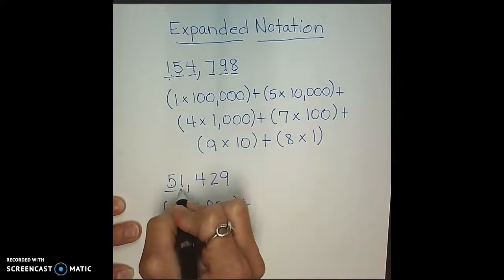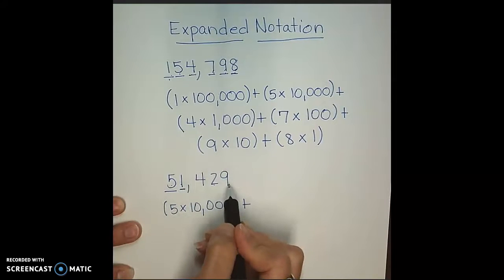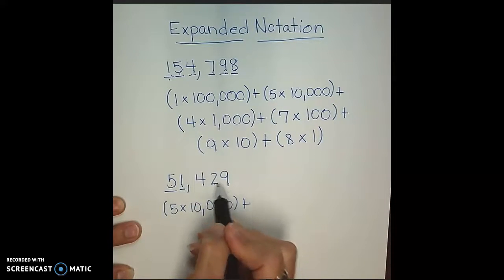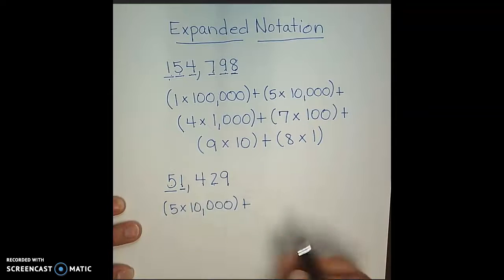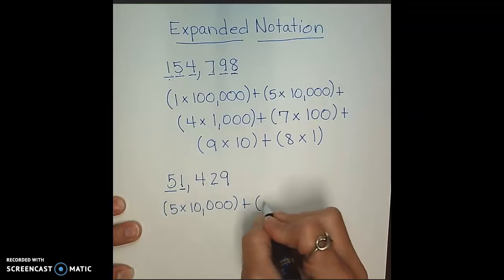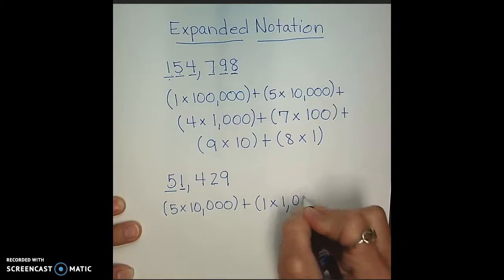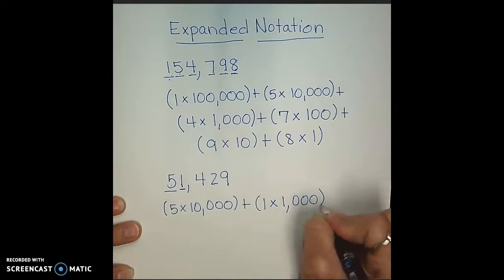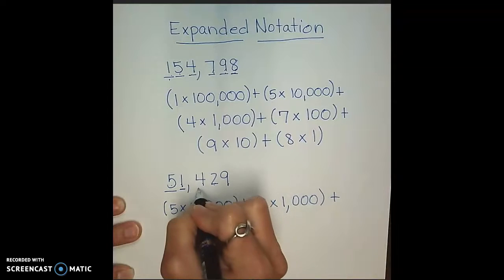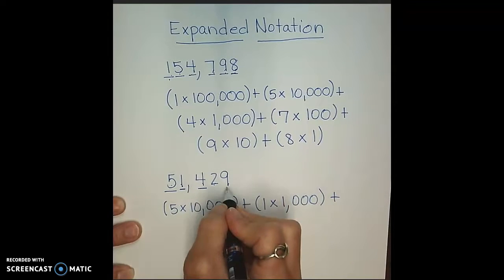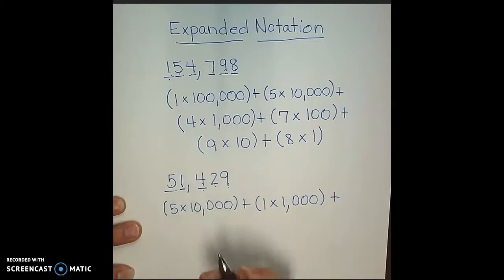Plus, I go to the next digit, and I know this is in ones, tens, hundreds, thousands place. So I know I have 1 group of 1,000. Plus, I go to my next digit, ones, tens, hundreds place.